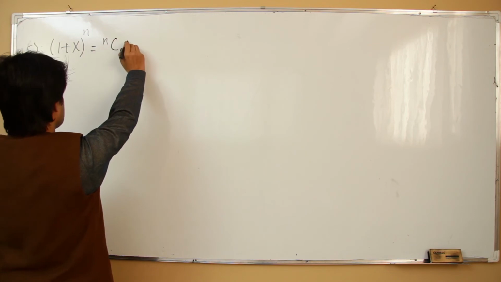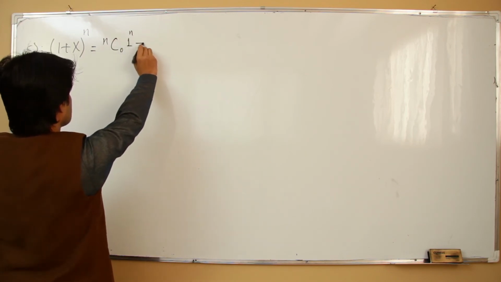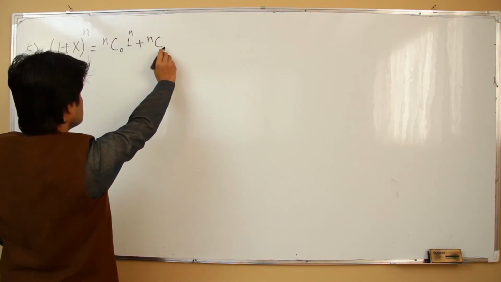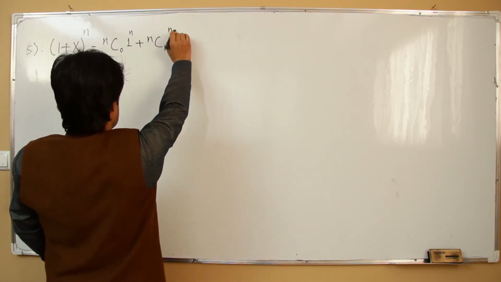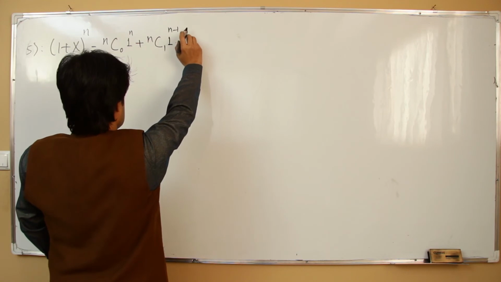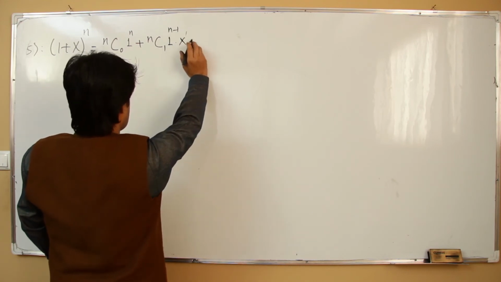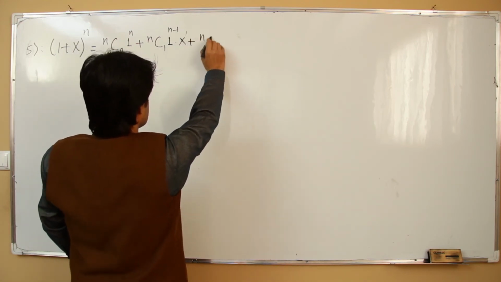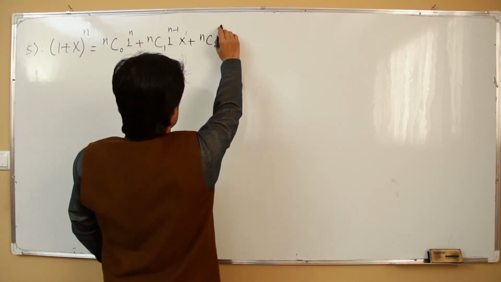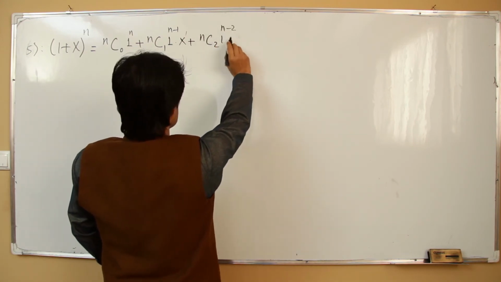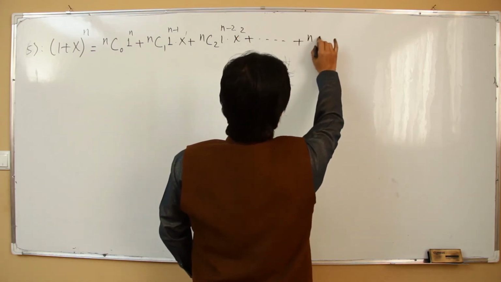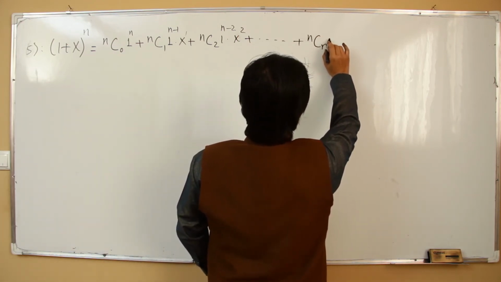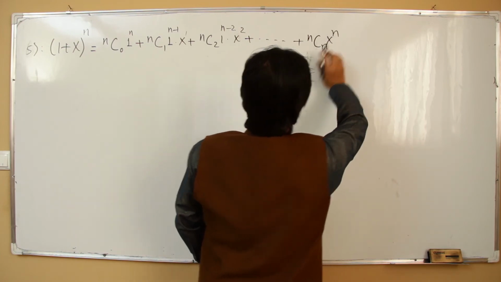Here x is 1, to the power n, plus nC1 x, which is 1, n minus 1, x to the power 1, plus nC2 1 raised to the power n minus 2 x squared. Like this one, you have up to nCn x to the power n.